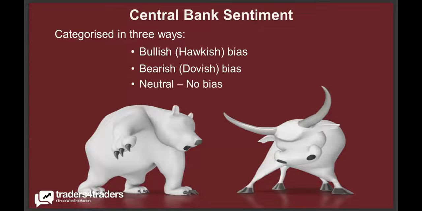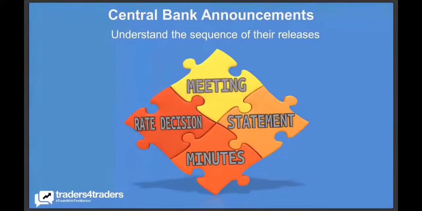If they're neutral, like they basically say, look, economic conditions aren't changing, there's nothing to do, then that's a neutral tone and there'll be no bias out of the meeting. That could be a good trading opportunity or not. But generally, when you do get a bullish or a bearish tone, that's when we get some serious big moves in the market.